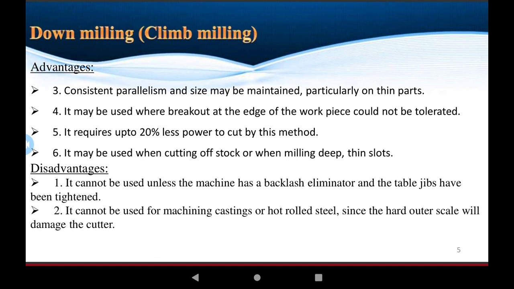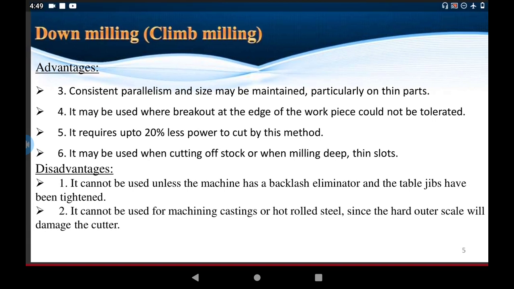In this operation, hot rolled steel and castings have a very hard outer skin, which can damage the cutters and affect the operation.